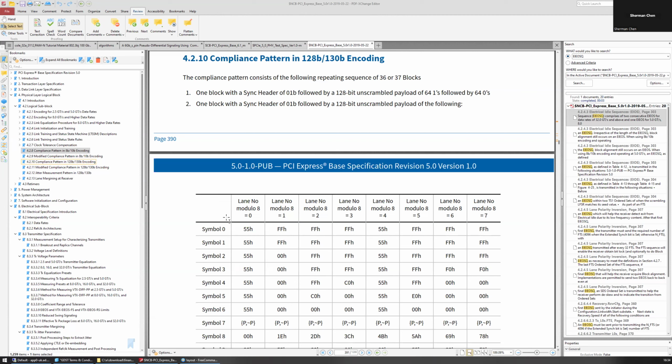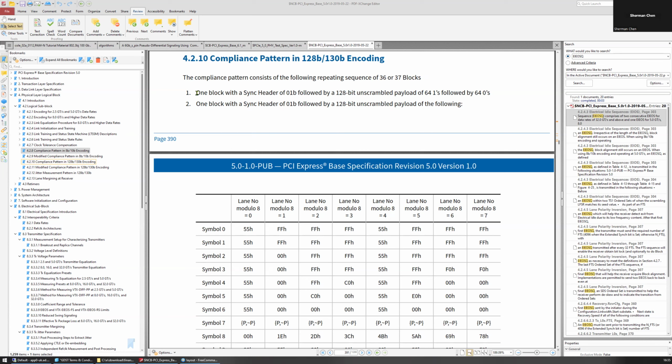And this compliance pattern for 128b/130b is much more complicated compared to the CP for 8b/10b. As stated here, this pattern consists of 36 or 37 blocks. So what are these blocks?